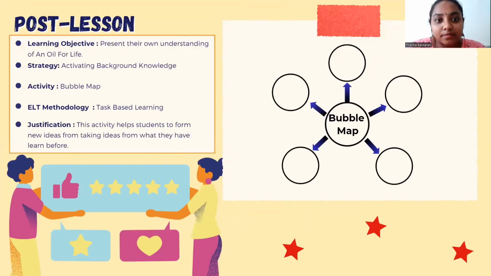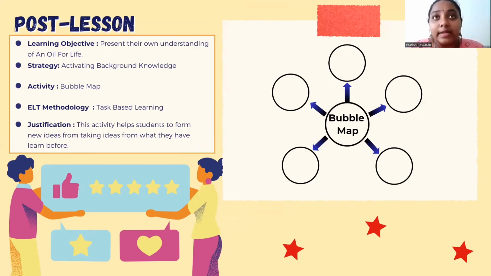Next. Okay, so for the post lesson part, we would like to give them a bubble map. From this bubble map, the learning objective is to present their own understanding of an oil for life. We can see here that from activity one, they have learned about an oil for life from the passage.